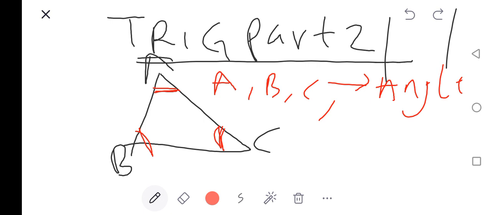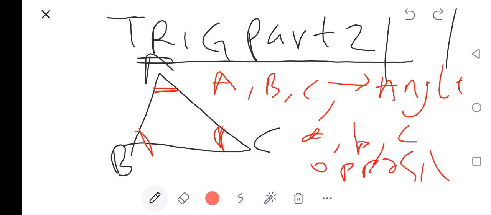So now we also have small letters, small letter a, small letter b, small letter c. I had mentioned last time that small letters represent opposite sides.